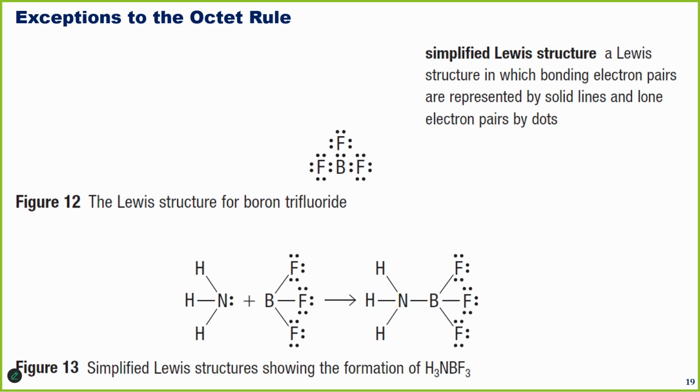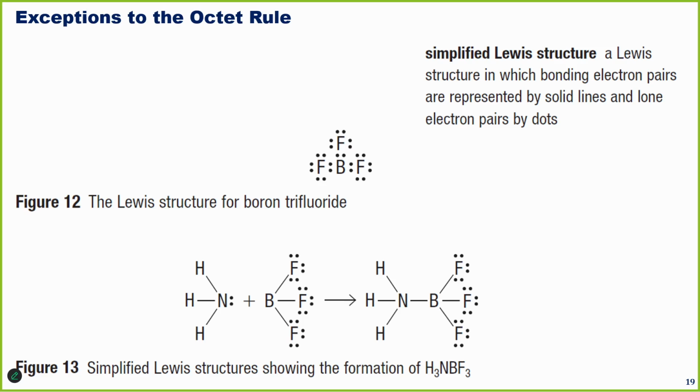The Lewis structure for boron trifluoride is shown here in figure 12. It reacts very energetically with molecules such as water and ammonia, which have lone pairs of electrons that do not participate in chemical bonds. The boron atom has 3 valence electrons, and each fluorine atom has 7 valence electrons.